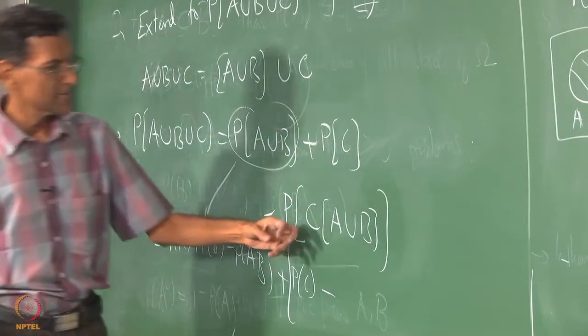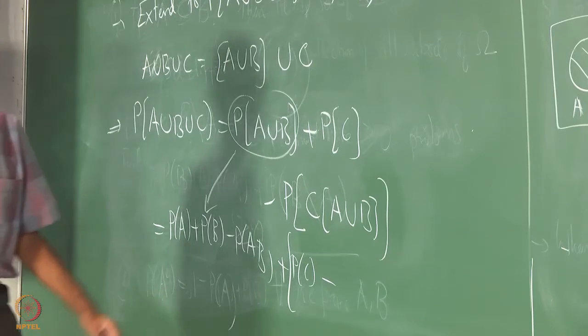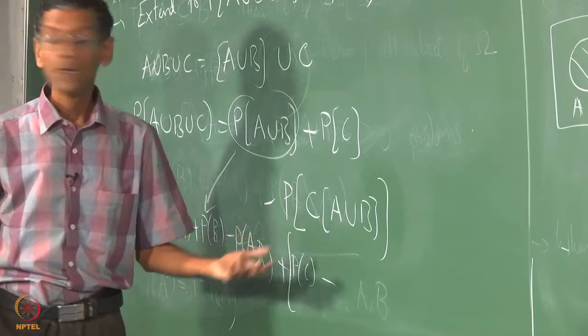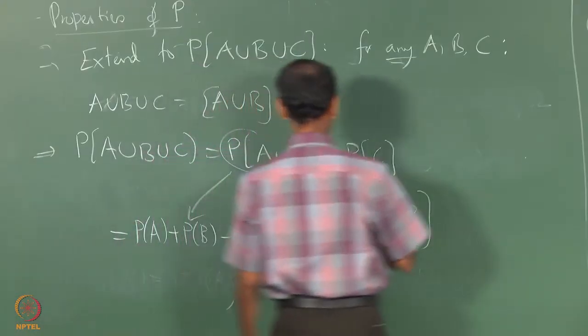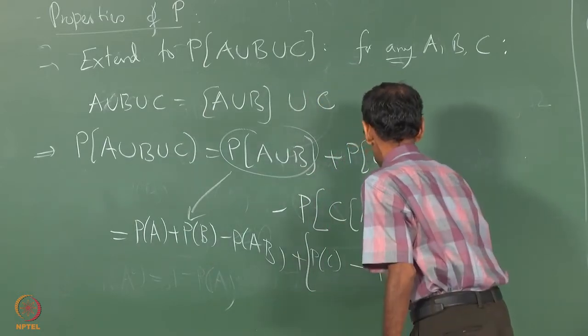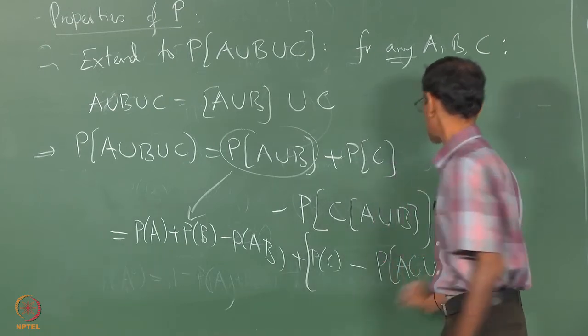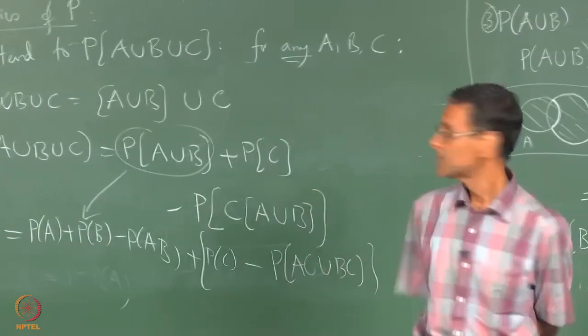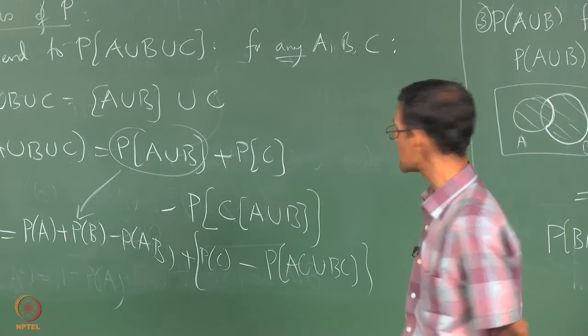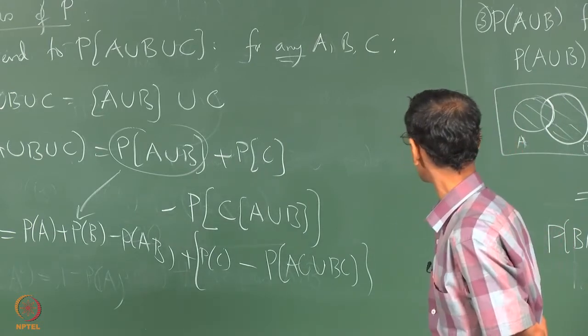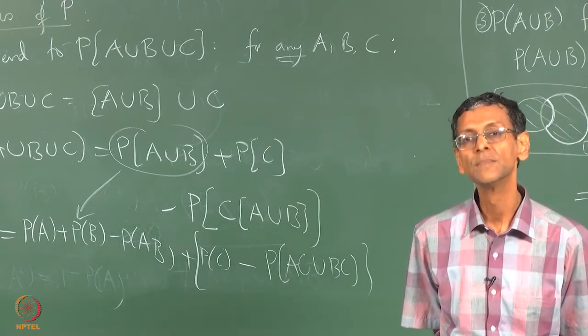This is now P of what? P of C intersection A union B, P of AC union BC. Now note that yesterday we talked about the distributive law. C intersection A union B is AC union BC.